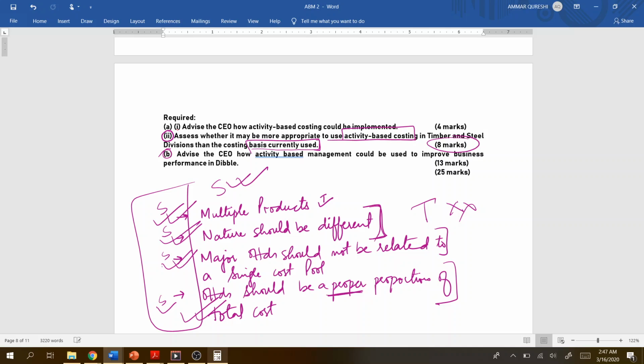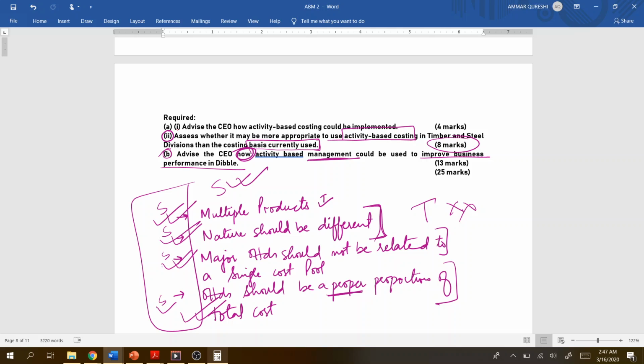Part B. Advise the CEO how activity based management could be used to improve business performance in Dibble, right? Now you have to advise the company how activity based management, not costing, could be used to improve business performance.